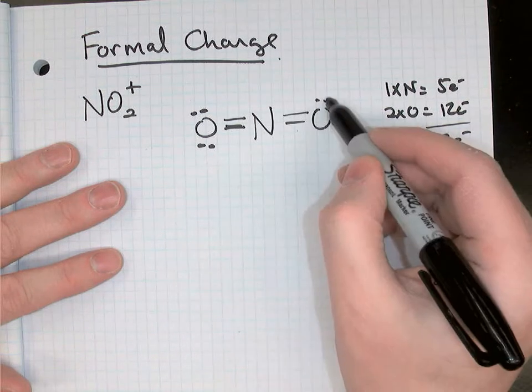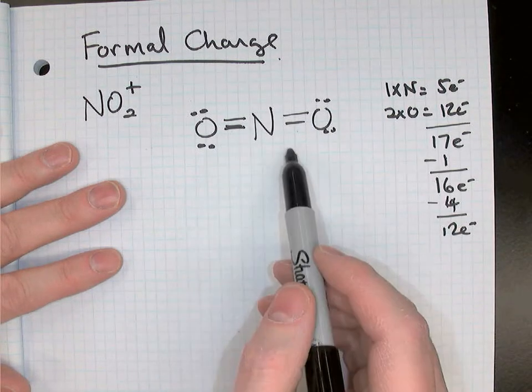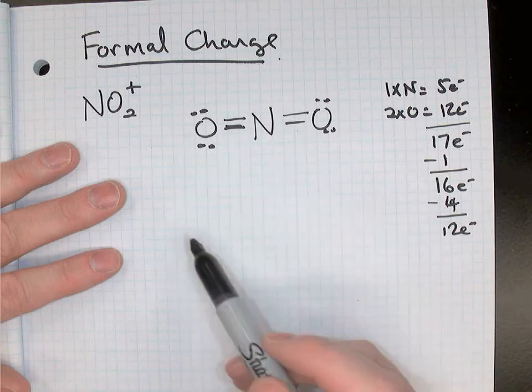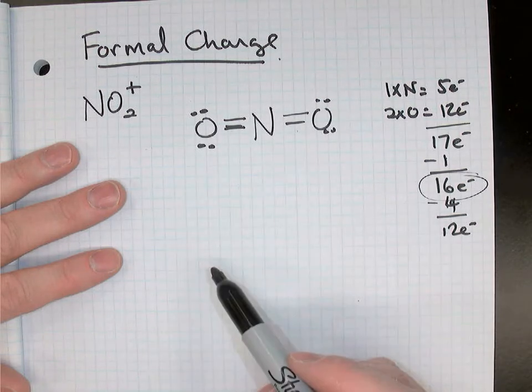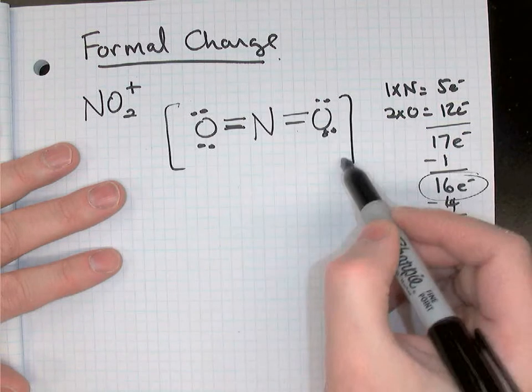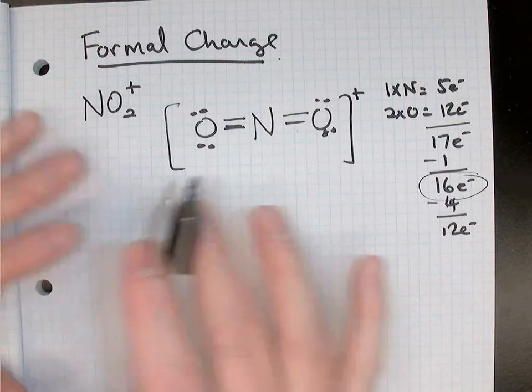How would that work? Each atom has an octet now, 2, 4, 6, 8, 10, 12, 14, 16 electrons total were used. So this appears to be a valid Lewis diagram for the molecule, giving two double bonds and everybody has an octet.